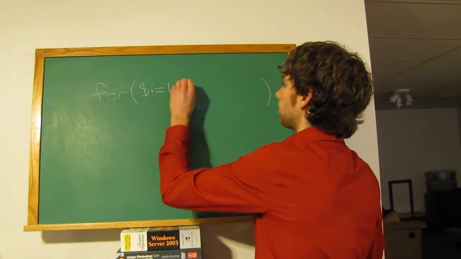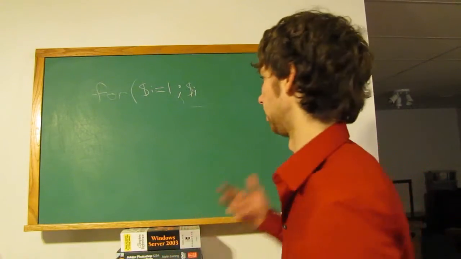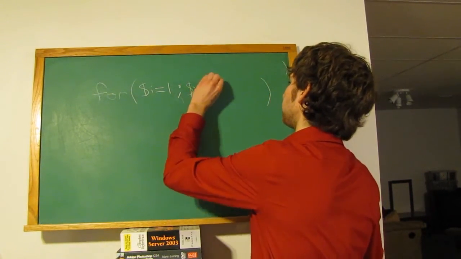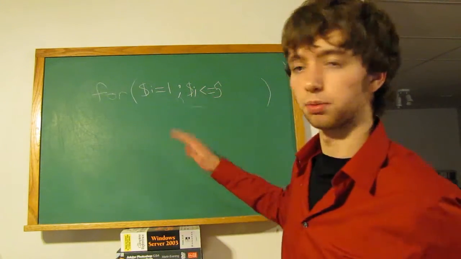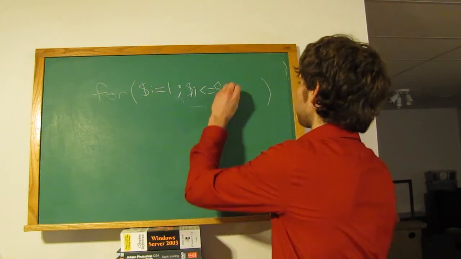So basically I'm going to be writing this out and then I'll be explaining it as I go. So here's our second expression, and then we put a semicolon, and we give it a third expression.